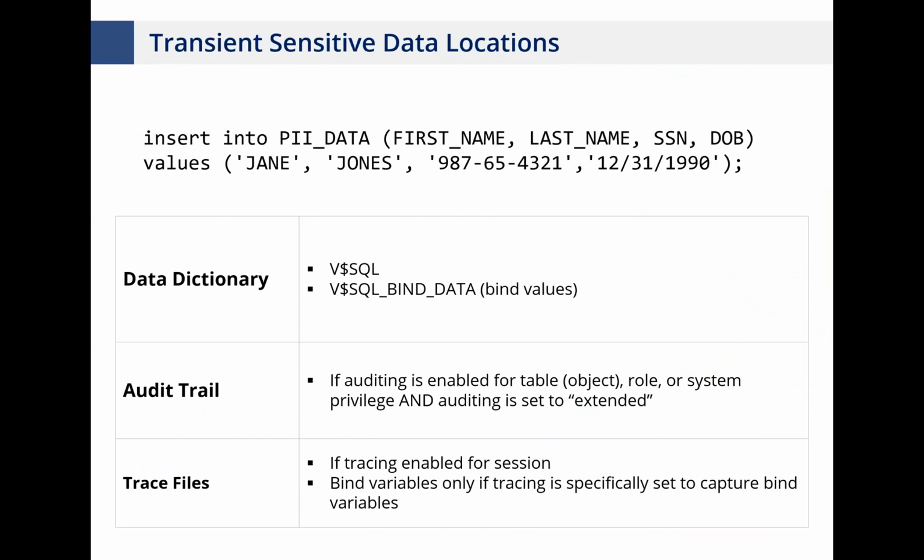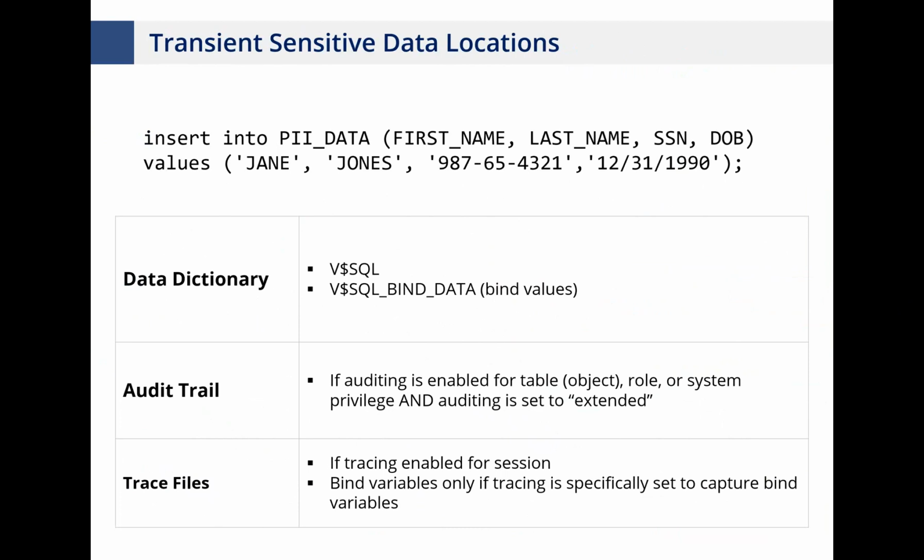Within the data dictionary, there are dynamic views called V$SQL, and V$SQL_BIND_DATA if you're using bind variables. When I execute that SQL statement, it will be stored in V$SQL. Oracle is very good about keeping SQL statements around because it wants to reuse them. It doesn't want to have to reparse the SQL statement every time it sees it, because that's very inefficient.